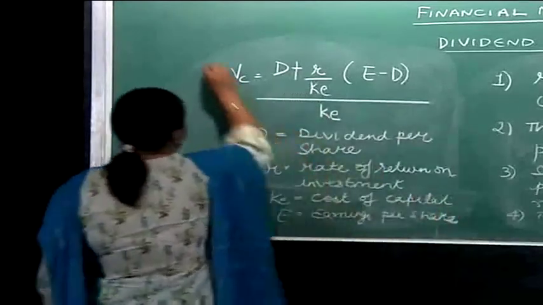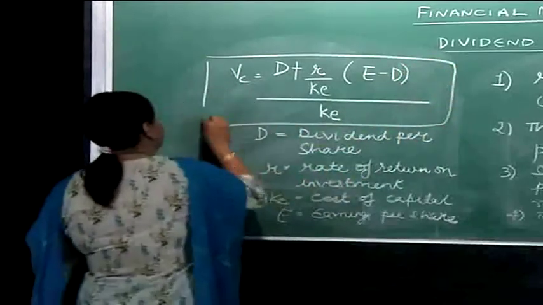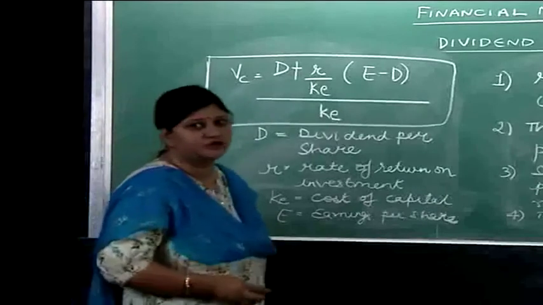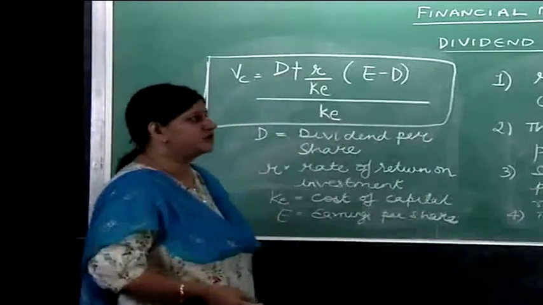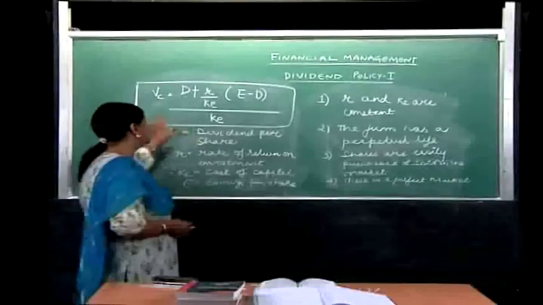So using this formula, we are going to analyze whether the payment of dividend is going to affect the market price of the share or not. As this theory suggests that it does affect the market price of the share, under different scenarios we are going to analyze this equation.